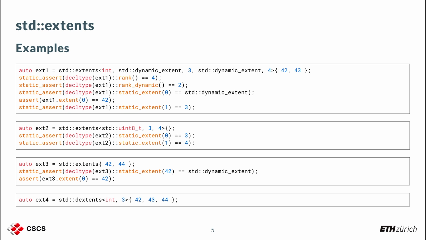And here's some code that checks that basically. Okay, so rank 4 extent, there are 2 dynamic ranks. The static extent of 0, the first one, is actually a dynamic extent, so we don't know at compile time what it is, but we know it's dynamic.